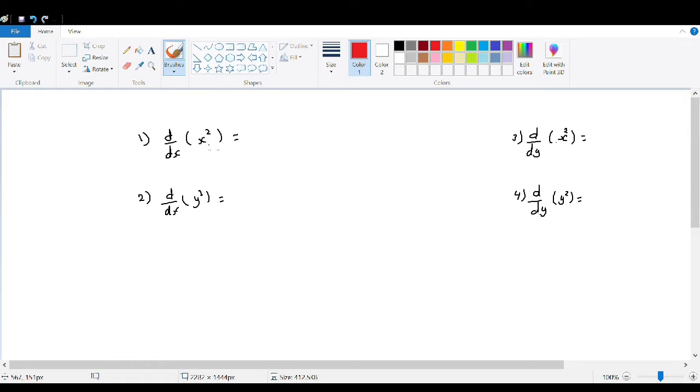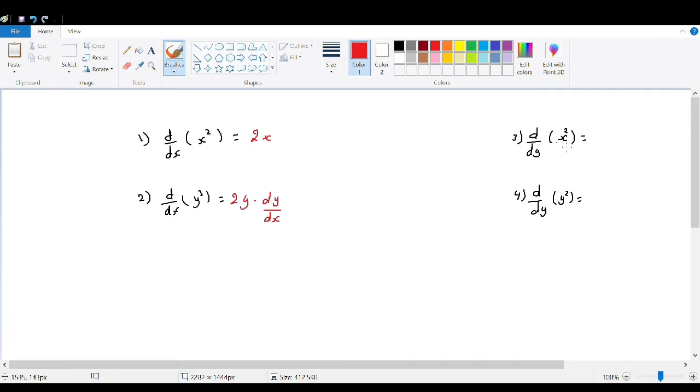So for the first one here we have a function of x, we differentiate with respect to x, the derivative of x squared with respect to x will be 2x. For this one we have d over dx of y squared, so we differentiate y with respect to x, the derivative will be 2y, and we need to multiply it by dy over dx. Because this is a function of y, we differentiate with respect to x.